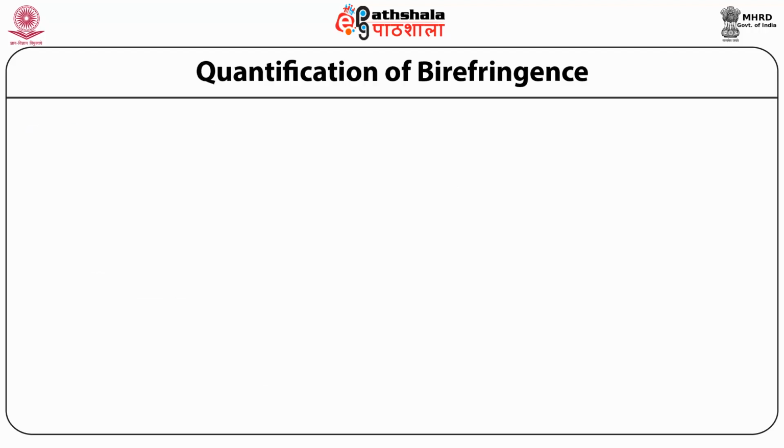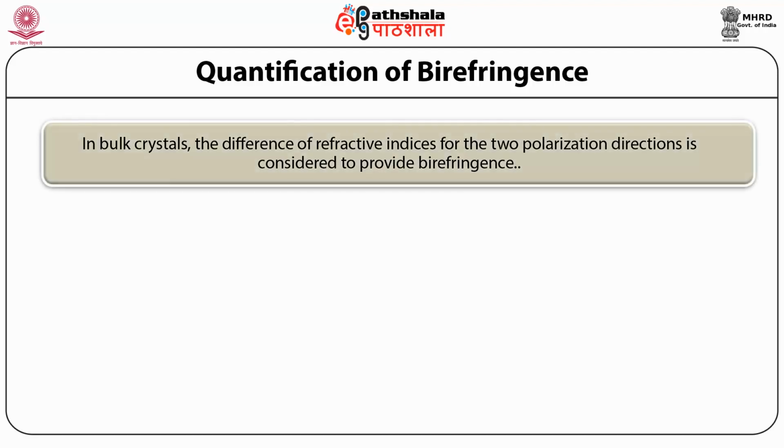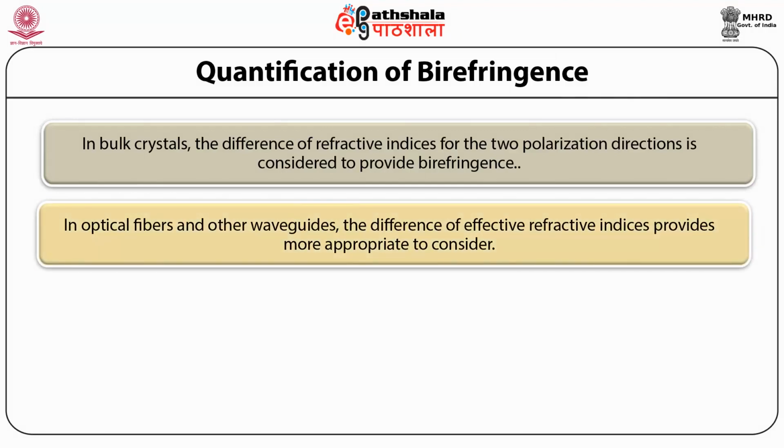Quantification of birefringence. The magnitude of birefringence can be estimated in various ways. First, in bulk crystals, the difference of refractive indices for the two polarization directions is considered to provide the birefringence. Second, in optical fibers and other waveguides, the difference of effective refractive indices is more appropriate to consider.